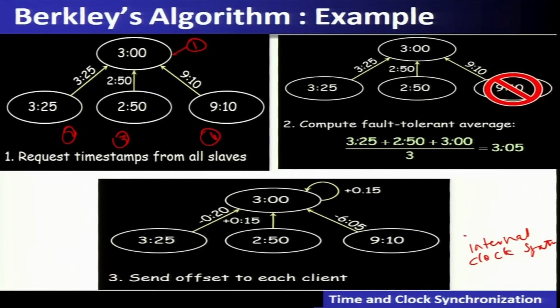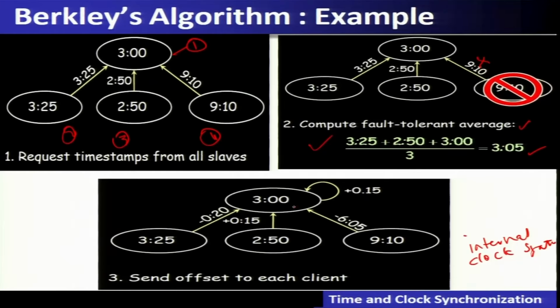It will find out all the other clock values, except the clock value coming from clock 4, which is detected as an anomaly. It will not be considered in averaging. So, excluding the clock value of clock 4, it will compute the fault tolerant average of all the other clock values. There are 3 different clock values whose average is calculated as 305.